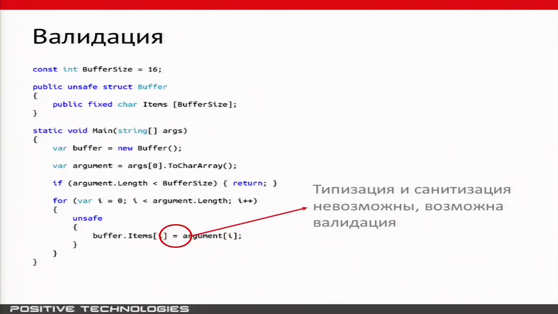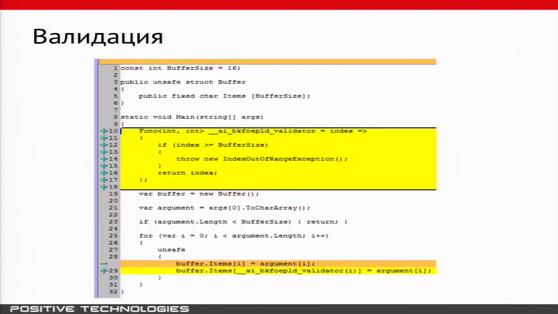Validation is possible at the index I calculation point, which is a harmful point, so we can turn index I into a validator. The validator has a function that checks that the index is less than the buffer size.